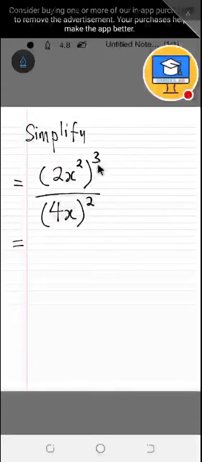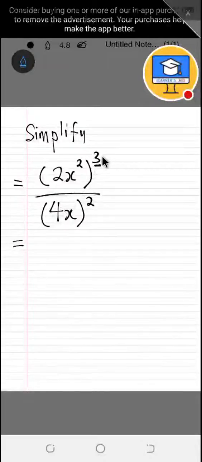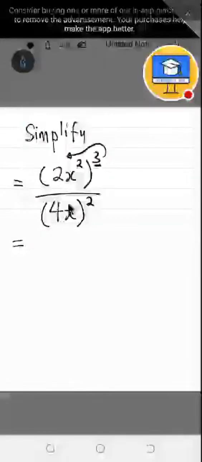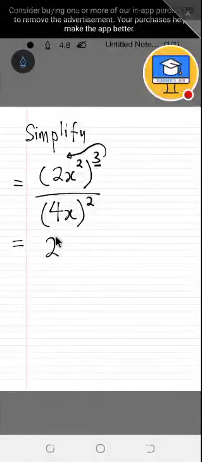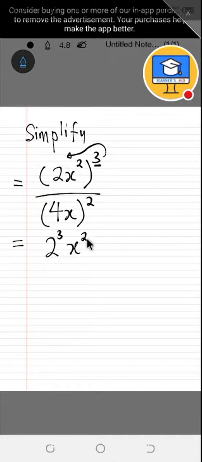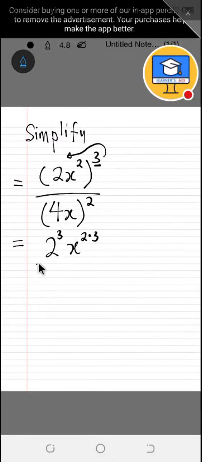For this, let's focus on the numerator. The exponent, which is 3, will affect all numbers. So what this actually means is we have 2 to the power 3 times x to the power 3 times... divided by, we do the same thing for the denominator.